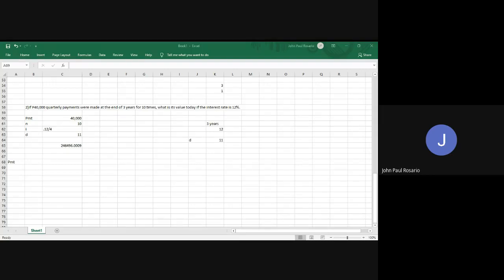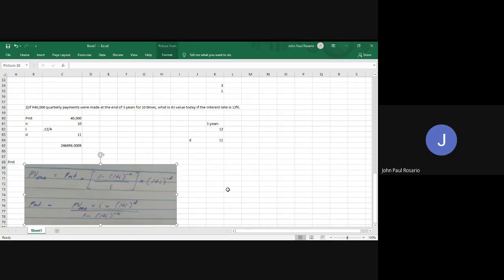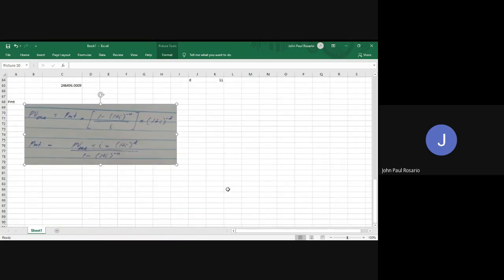Okay, this one. Anyway guys, can you see it? Clear? Okay. So, payment is the unknown, so we move the other values to the other side. I becomes the numerator. And remember, if it is negative, it is equal to 1 over 1 plus I to the power of positive D, so it goes to the denominator. Or you maintain it in the numerator, but change the sign from negative to positive, over 1 minus 1 plus I to the power of negative n.